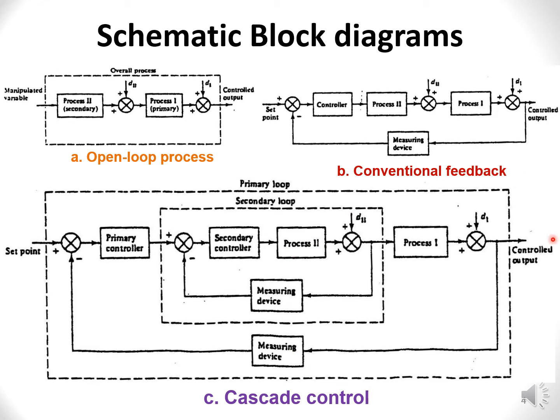Here the disturbances are all standard. The normal conventional controller can be PI or PID. We'll see later that it is normally PI or PID. This one can be PI or can also be a P controller.